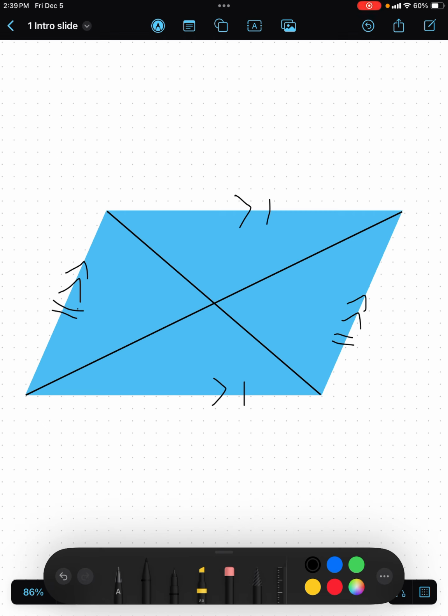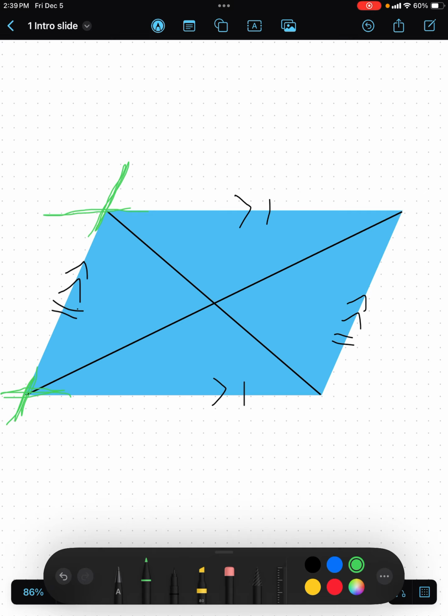Now, because those lines are parallel, I'm going to extend these lines a little bit, just so you can see that over here on the left side, we have some parallel lines, and you may recognize some things from your previous geometry studies.